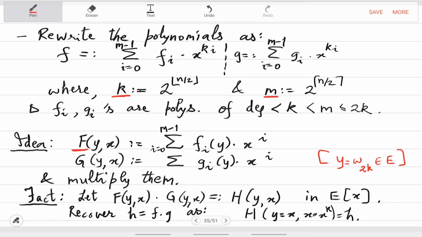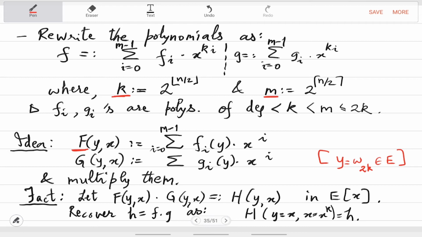So big F is a bivariate polynomial where the individual degree of x is m minus 1, and the individual degree of y is k minus 1. Right? So both the individual degrees are around square root L, but exactly this.